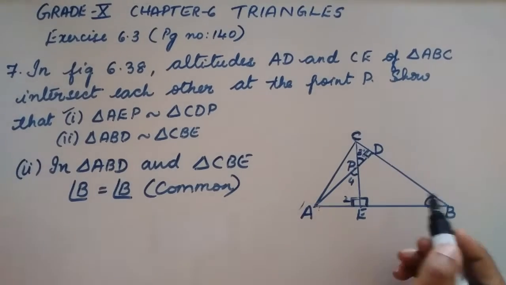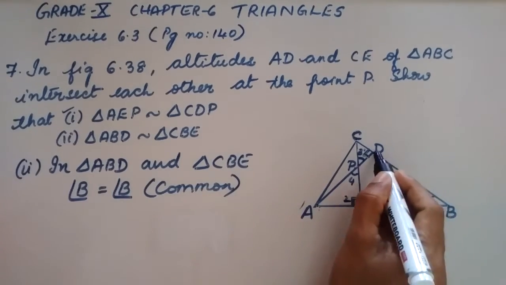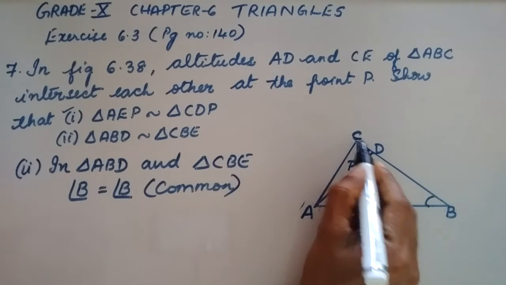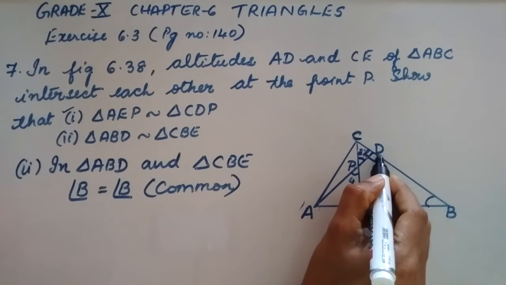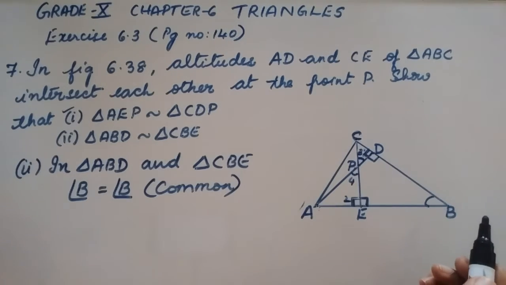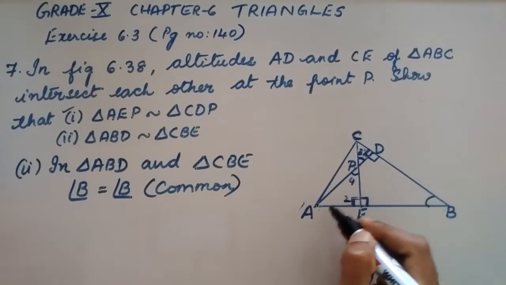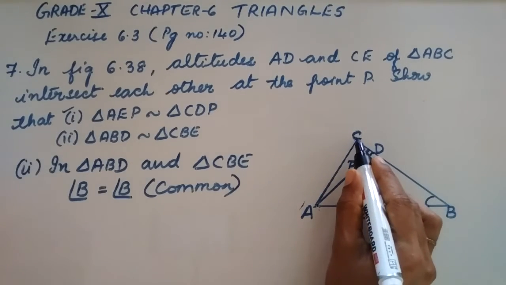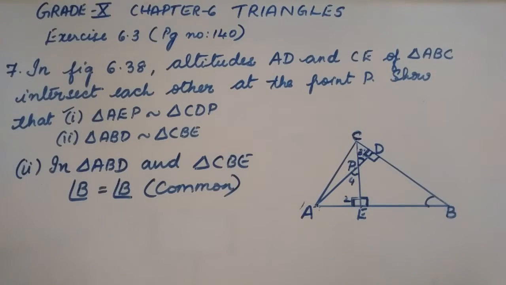And then in both these triangles, now in triangle ABD, this angle, that is CDP, was 90 degrees. So if this is 90 degrees, even this will be 90 degrees, isn't it, students? So let me name this angle. In ABD we have this right angle, and in triangle CBE we have this angle which is 90 degrees.